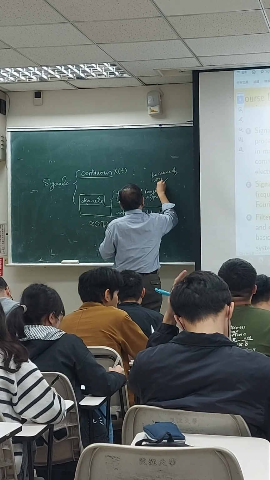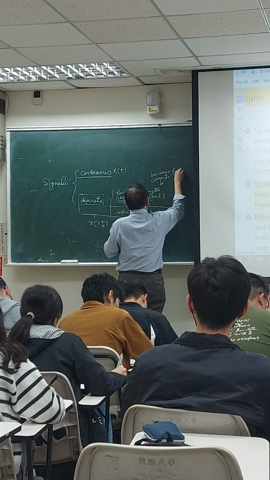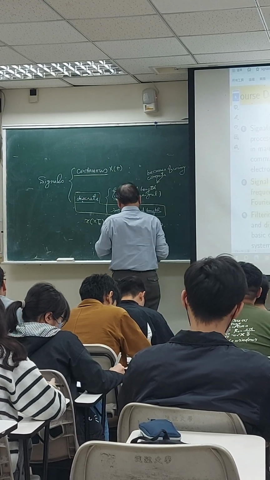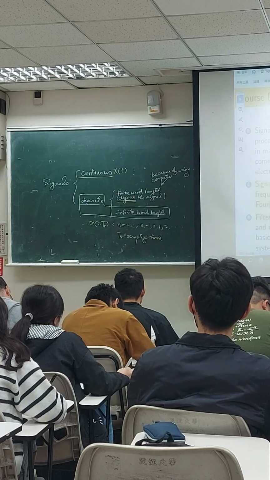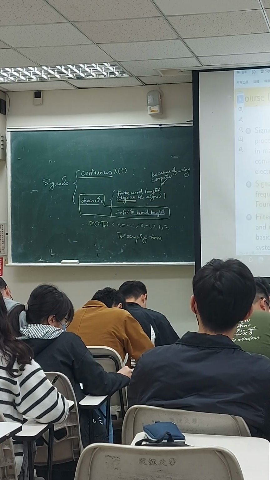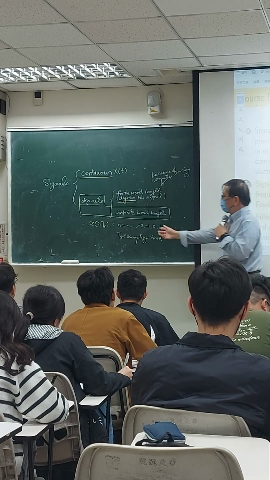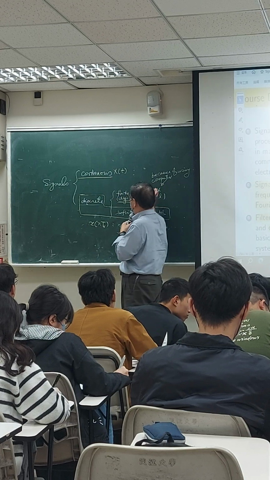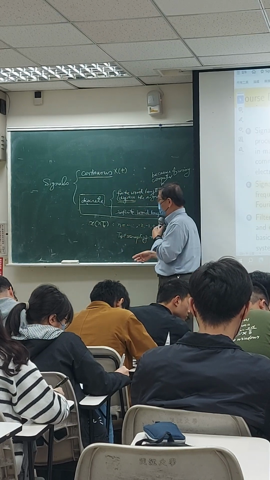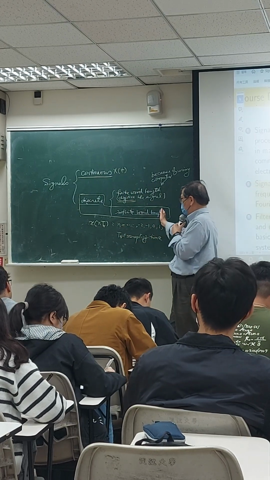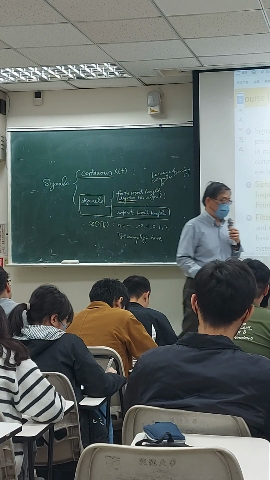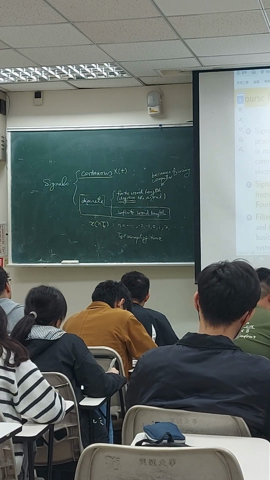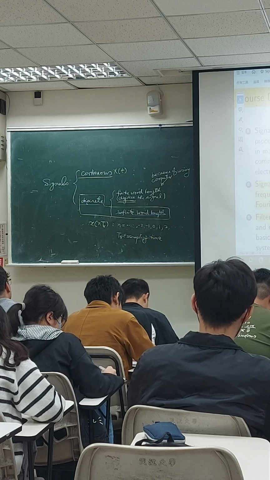Now, because it is much more complicated if we want to analyze this finite word length discrete signal, that's why we only consider the second one. Okay? We ignore the finite word length effect.